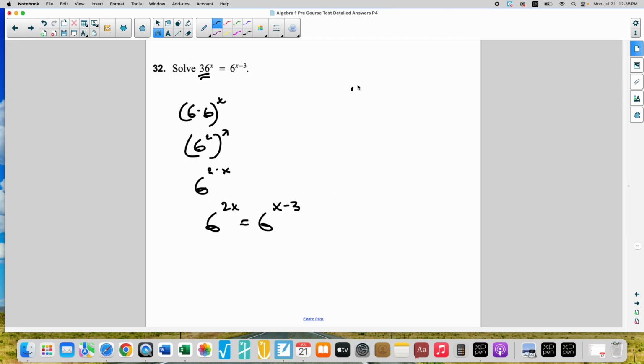So we can actually take that and write 2x equals x minus 3. Let's minus an x. Let's solve for the variable. x equals negative 3. How cool is that? So 36 to the negative third is the same as 6 to the negative 3 minus 3, or 6 to the negative 6. Kind of cool. It's really fun. That's more Algebra 2 work, but you will be introduced to it a little bit in Algebra 1.